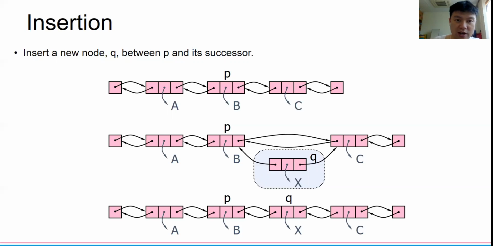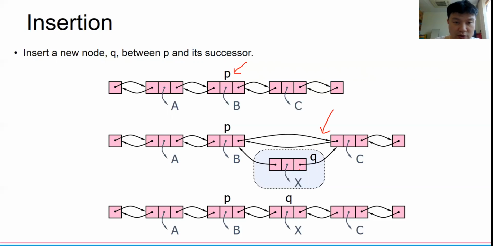Now let's say I have this doubly linked list with A, B, and C, and P is the current node. I would like to insert Q in between P, which is B, and C. So how can we do this insertion?